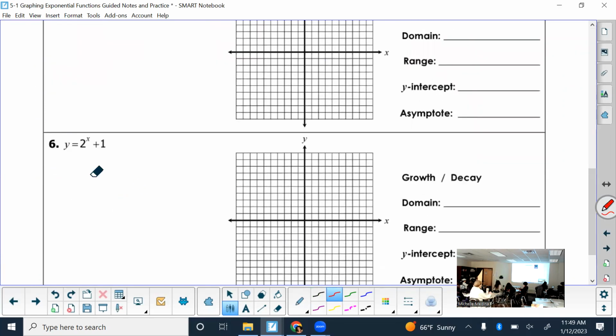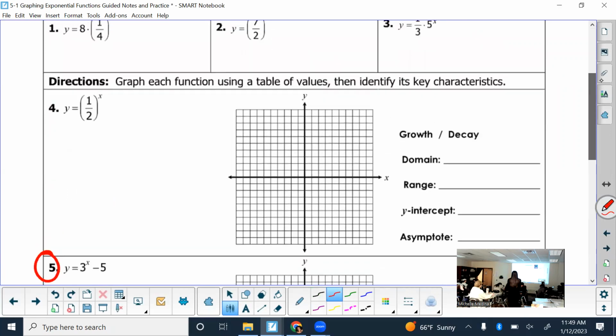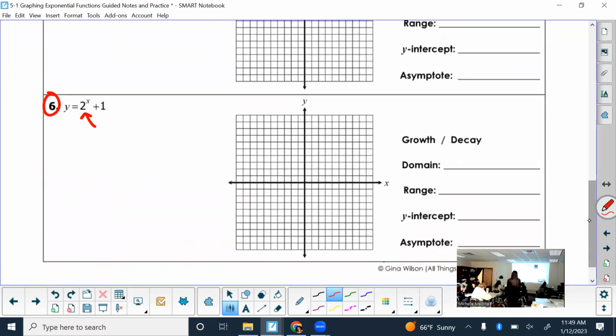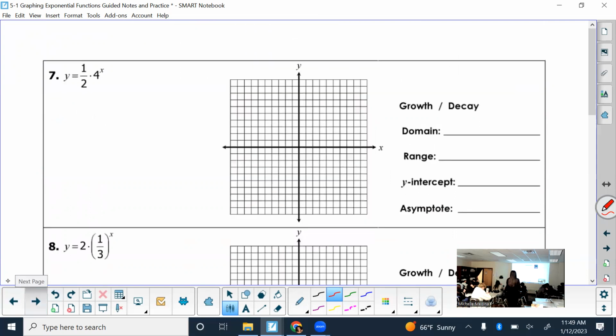Would you do number 6? Yes, because the one with the exponent, is that 2 bigger than 1? Yes. Would you do number 4 yet? No, because 1/2 is not bigger than 1, so don't do that one yet. I haven't shown you a decay one yet. Not that it matters, you should still be able to, but we'll scaffold it if we have the time.